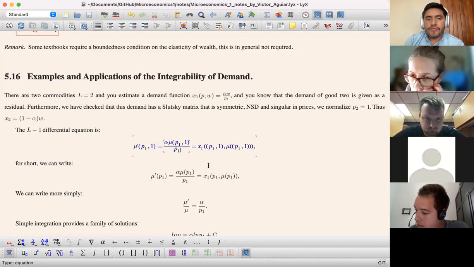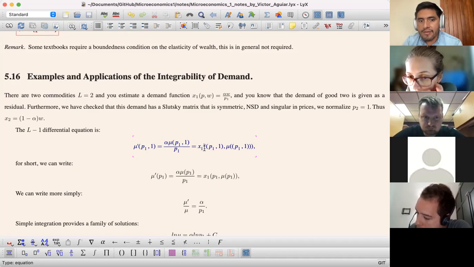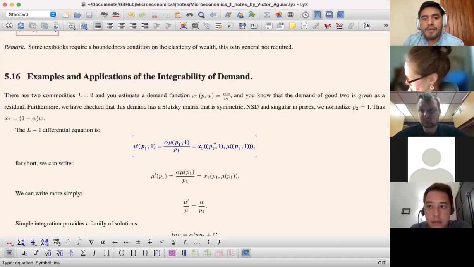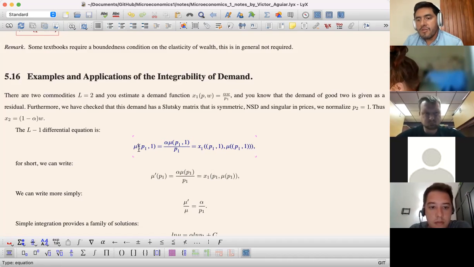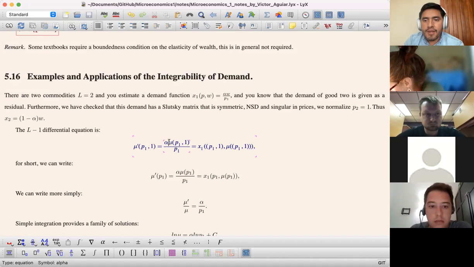Here I'm transforming, if you want, the Marshallian demand into a Hicksian. Mu plays the role of the expenditure, and I'm telling you the derivative of the expenditure is equal to the demand. Of course, the Marshallian demand is transformed into Hicksian by means of the indirect utility or the expenditure, which we know are inverses.